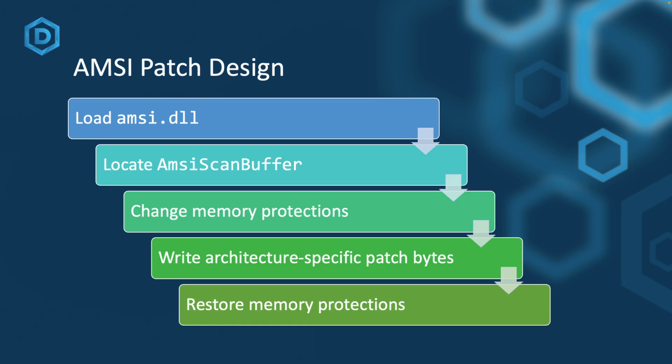Then we'll write the architecture-specific patch code to that memory, so it overwrites it, and then we restore memory protections, just so that it closes everything up and makes it look like it still has integrity.